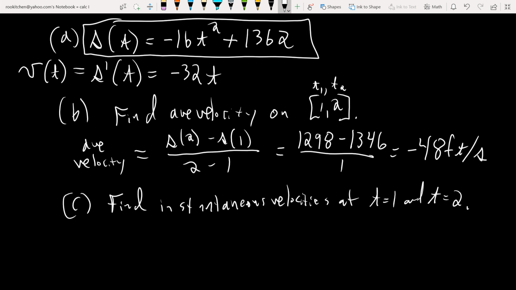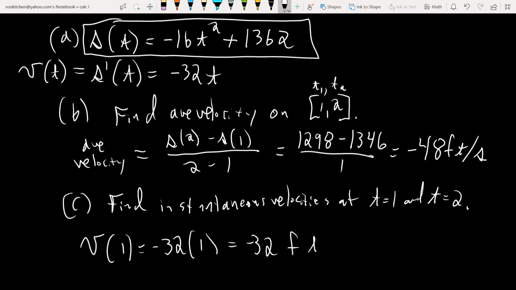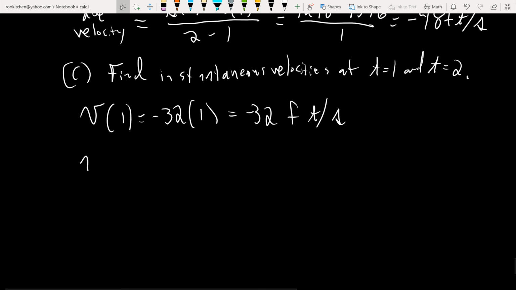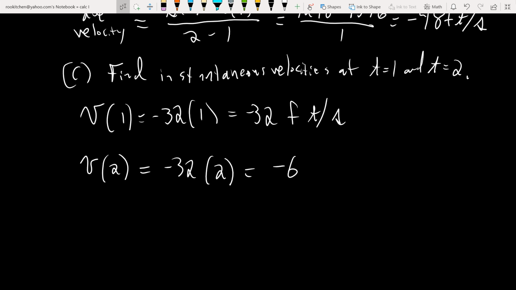Instantaneous velocity is the v function that we found by taking the derivative. So v of 1, I plug 1 in for t, and I get negative 32 feet per second. And then you can plug 2 in for t, so the velocity at time 2 is negative 32 times 2, which is negative 64 feet per second.